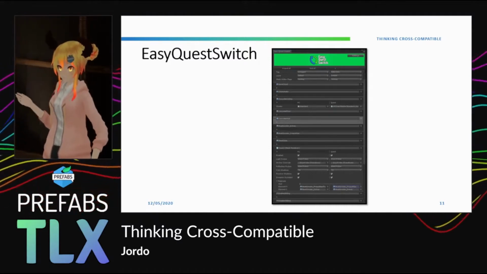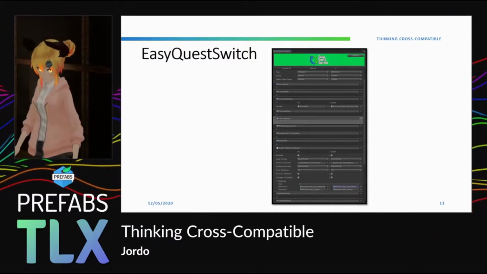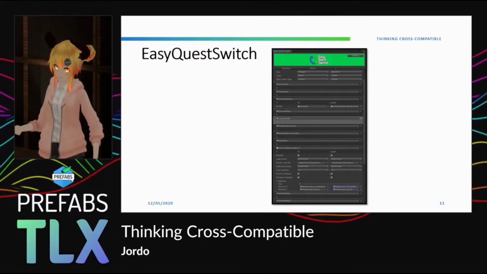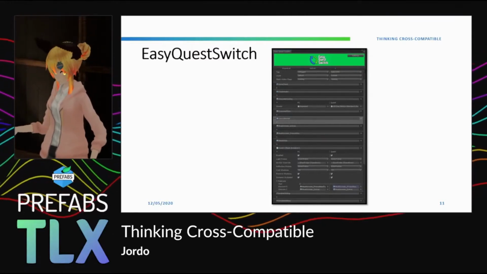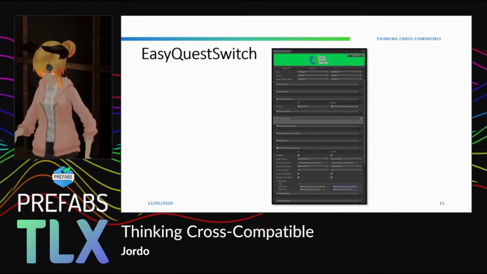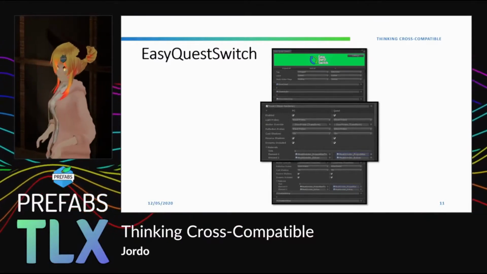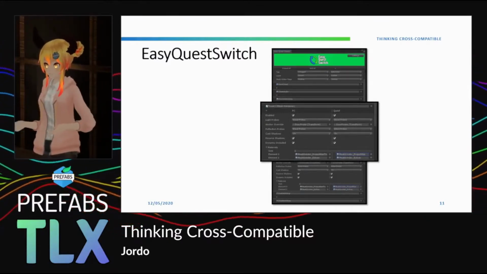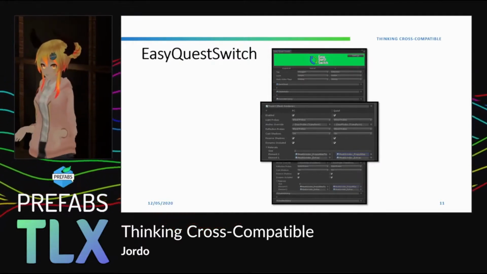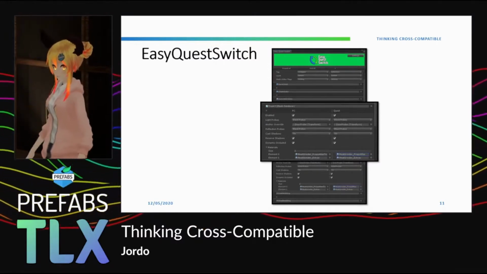If you drag in a material, you can change the shader on that material. If you're dragging in a mesh renderer, you can change the anchor point, the materials, the light probes, etc. I made this because it was very tedious to make the changes between Meat Grinder PC and Meat Grinder Quest, and I made this to be as easy as possible to use. So if you're looking for a tool to do Quest worlds, give it a try.